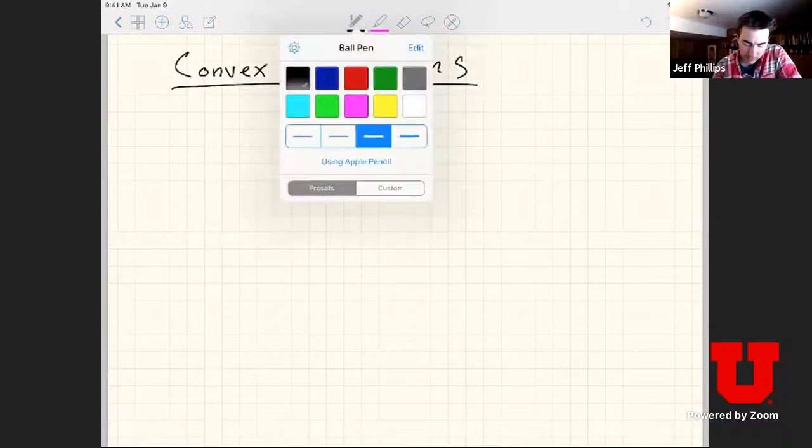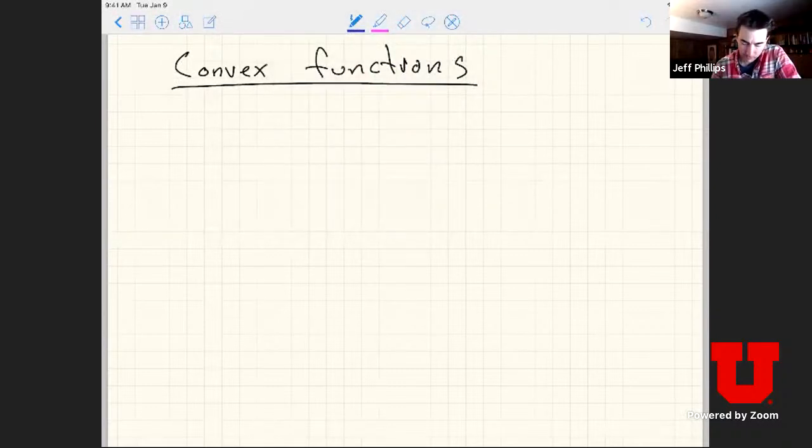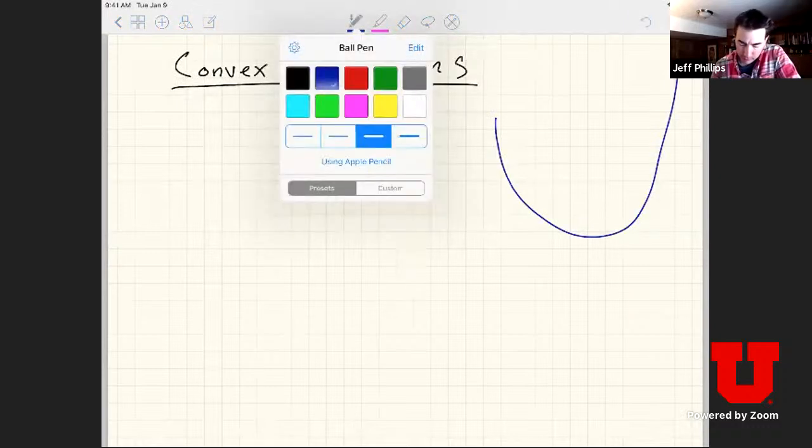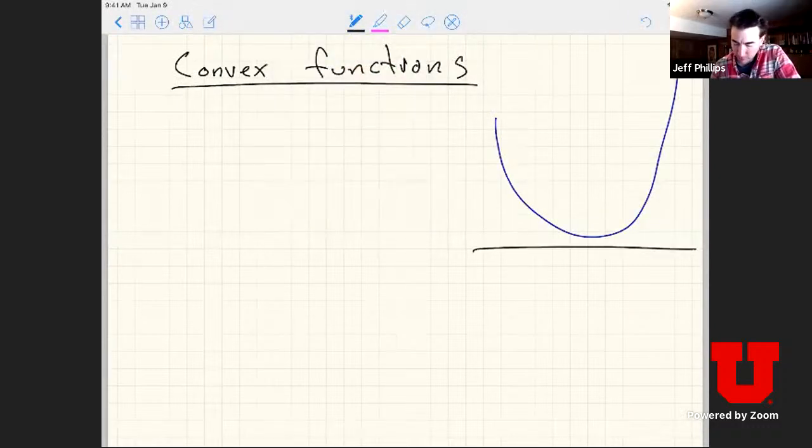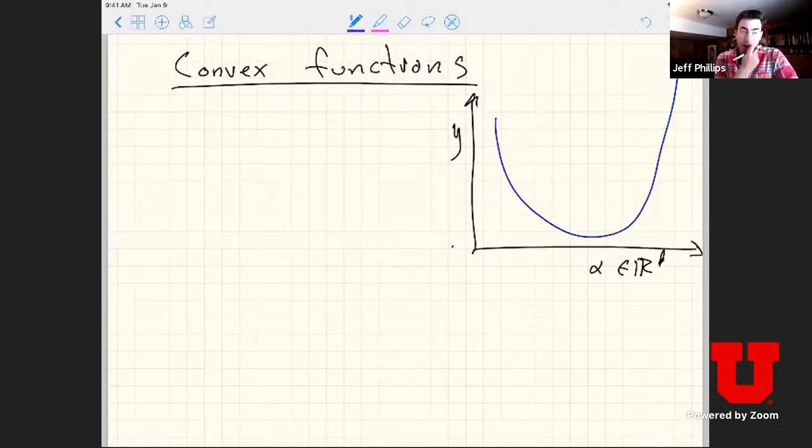Okay. So I'm going to draw a picture here, and this one I can draw for a simple one-dimensional function, but it will hold more generally. This is alpha in R^D, and this is y. A convex function is going to look like this one, which happens to be convex. I need a useful way to think of a parameterization of a line.